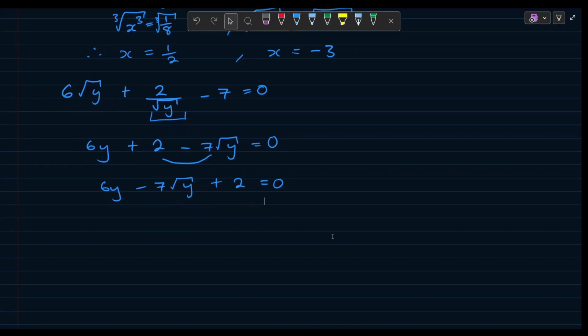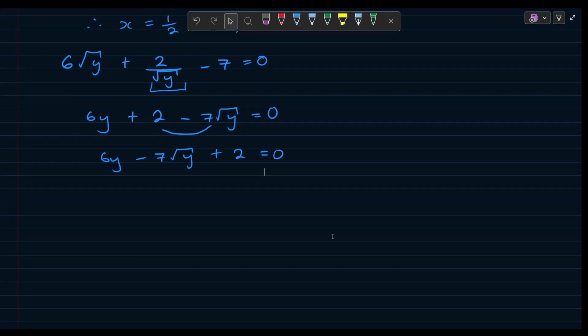Now we can rewrite the square root of y as a power using laws of indices. We know that square root can be written as the power 1 over 2. So what we have is 6y minus 7y to the power 1 over 2 plus 2 is equal to 0.